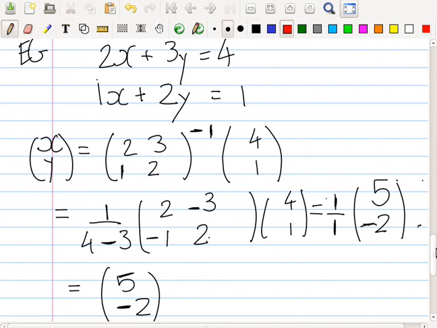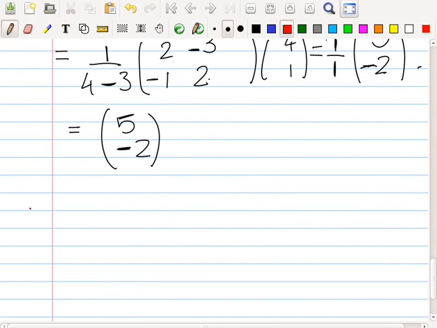Are you ready for another example? Yeah? Okay. So let's have a look at another example.